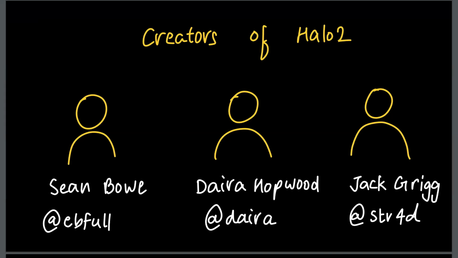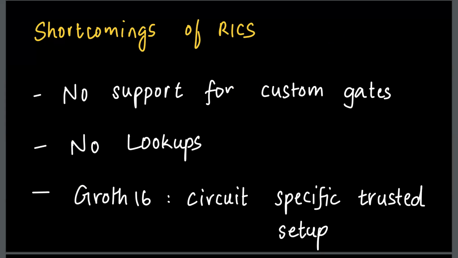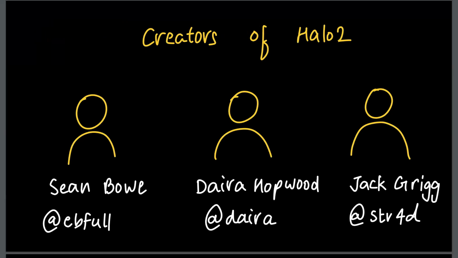when the Zcash folks were using Sapling and coming up with techniques to do shielded transactions in Zcash. The people of Zcash obviously noted these three problems, that is the lack of custom gates and lookups, and the trusted setup issue, and they thought they would come up with a new proof system and a constraint system.